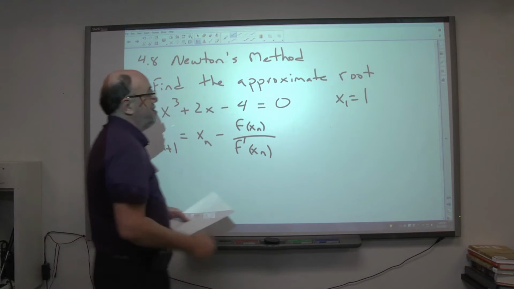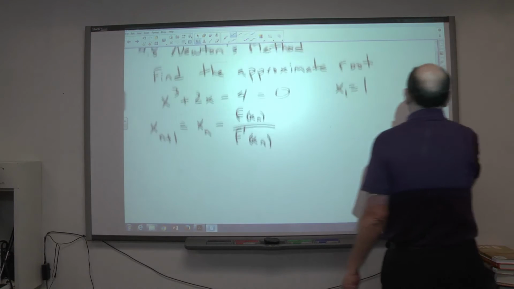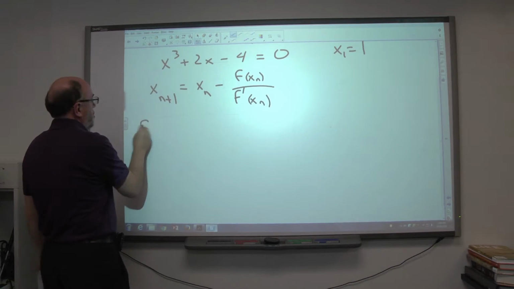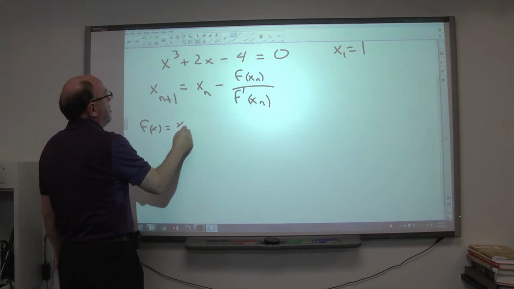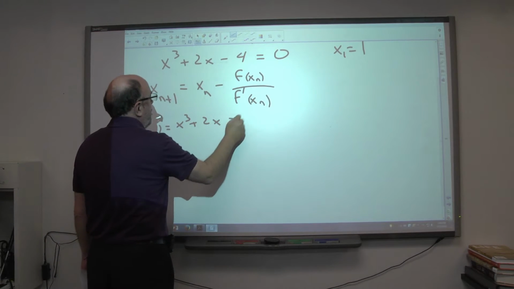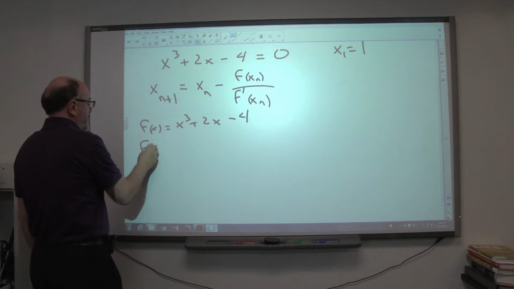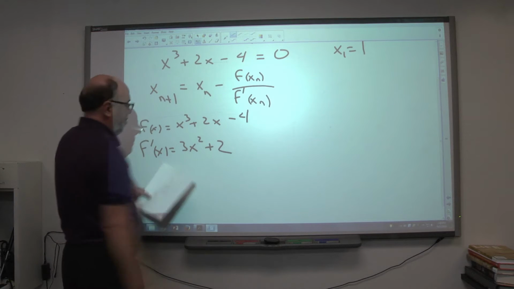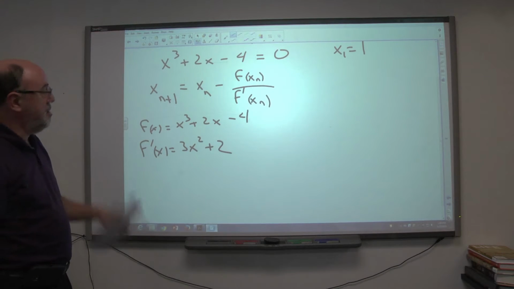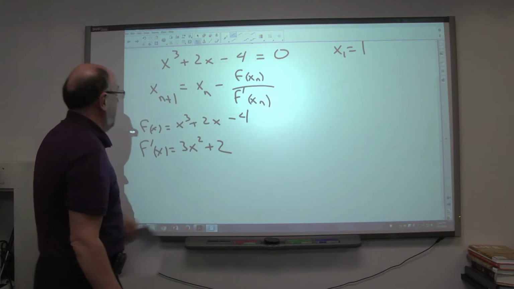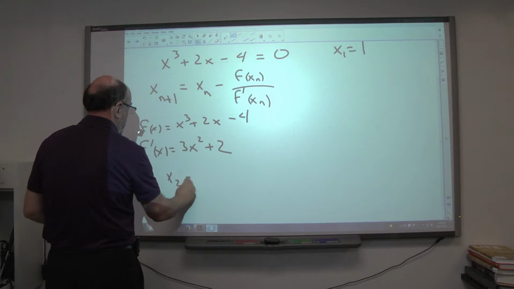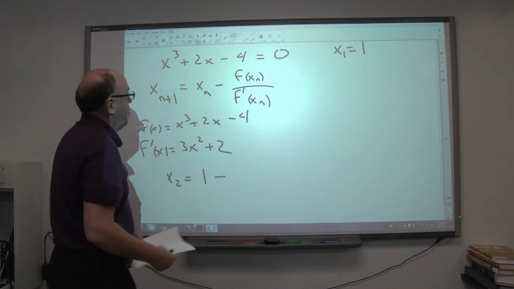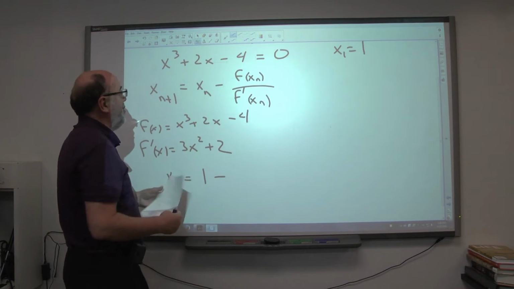Okay? So let's look at this problem in terms of that. Well, my f of x is going to be what we have here. f of x is x cubed plus 2x minus 4. My derivative of this is 3x squared plus 2. So this says then that x sub 2 is x sub 1, which was 1, minus my function evaluated at 1.